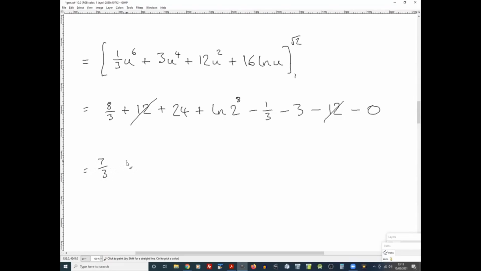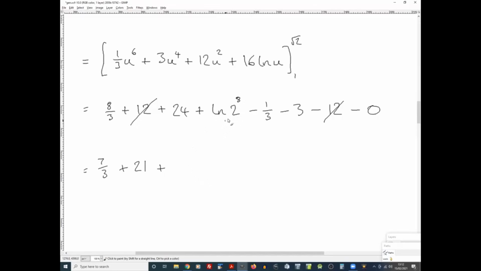plus 21. How have you done ln 2 to the power of 8 in your head? I haven't. But I would rather write ln of 2 to the 8, rather than writing ln of 256. What, do you mean what is 2 to the 8? Well, 2 to the 8 is 256, but I'm not going to write ln of 256.